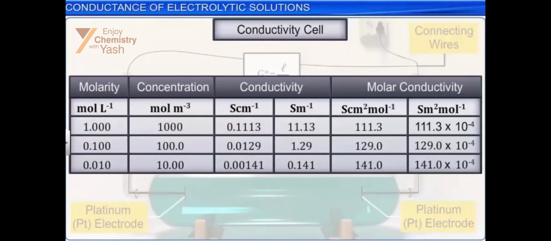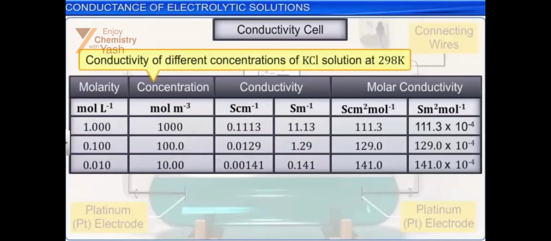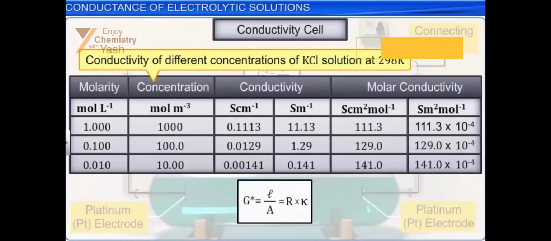The table here shows the conductivity of different concentrations of potassium chloride solution at 298 Kelvin. The cell constant, G star, is equal to resistance into conductivity of the solution. Once we know the cell constant, we can use it to measure the resistance or conductivity of any solution.